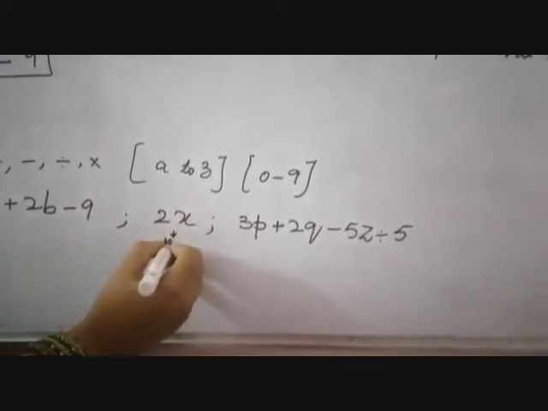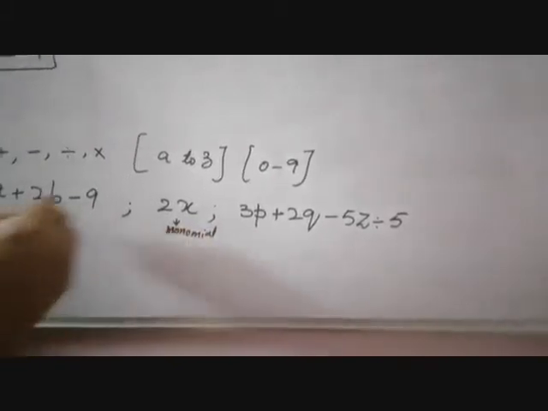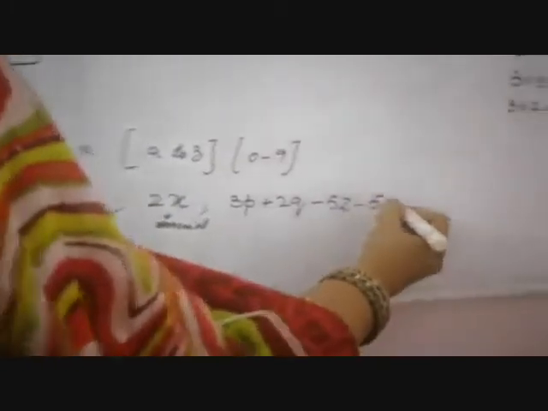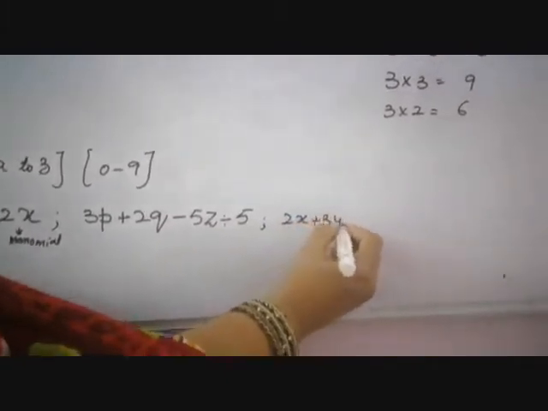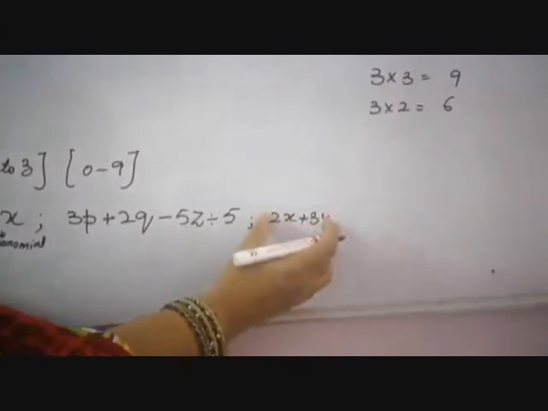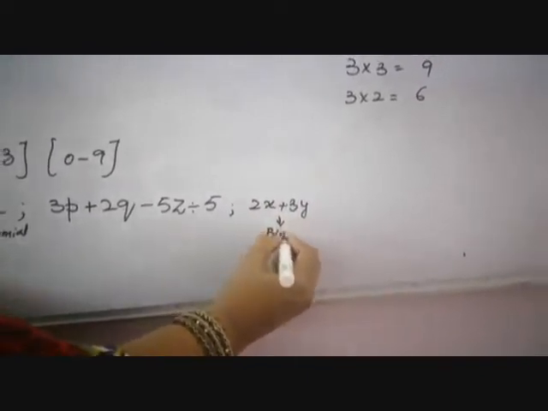When the expression has 2 terms, I'll give you an example: 2x plus 3y. This is called a whole expression. When the expression has 2 terms, it is called binomial.